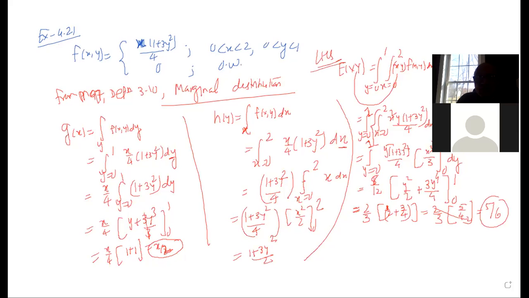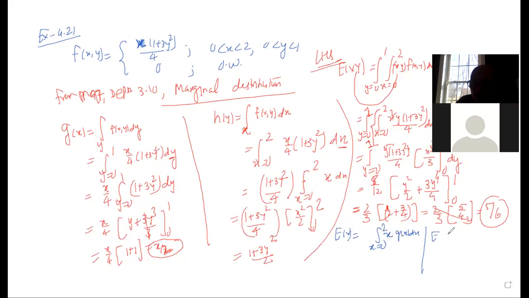So now I'm going to take my right hand side. My right hand side is nothing but E of X and E of Y, which I need to find separately. So my E of X is equal to the integral for x from 0 to 2 of x and g of x dx, that's what the definition says.